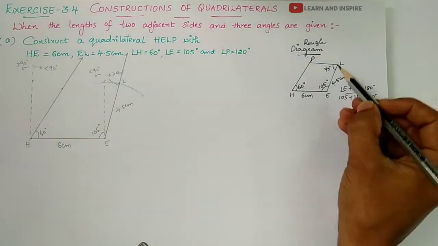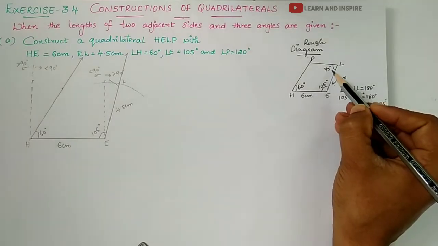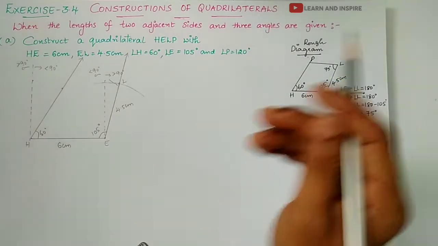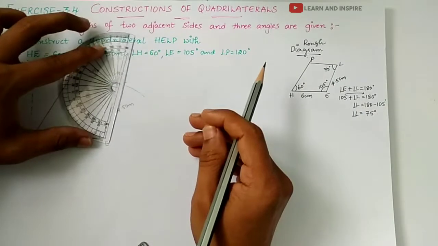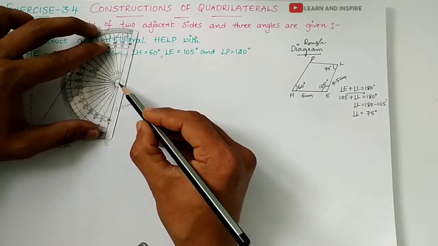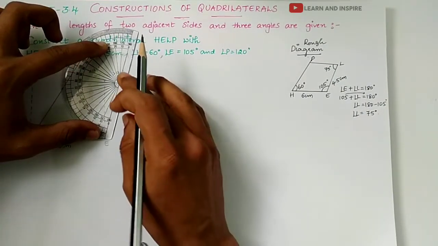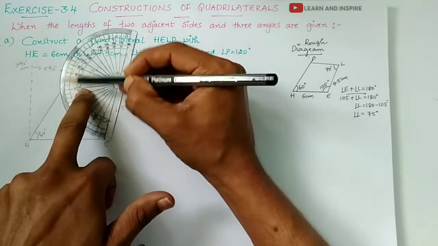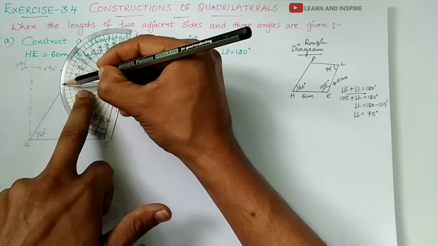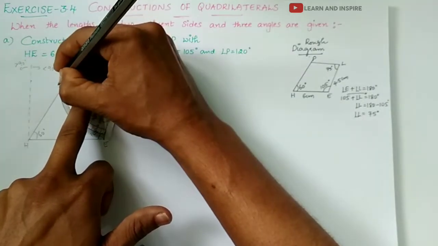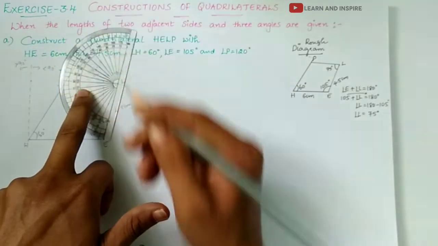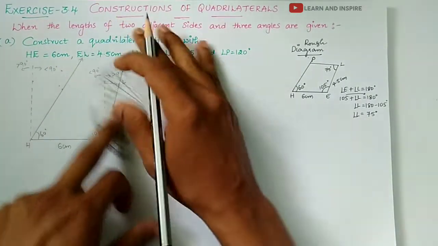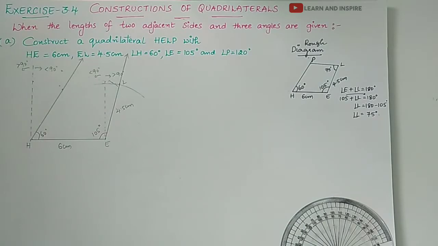Okay. Now with L as center, we have to construct 75 degrees. So with L as center, mark the exact point on L. 75 degrees comes towards down. So here is 75 degrees and we have to draw a ray.